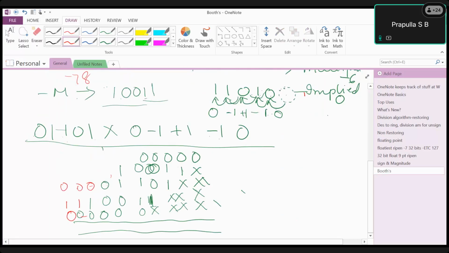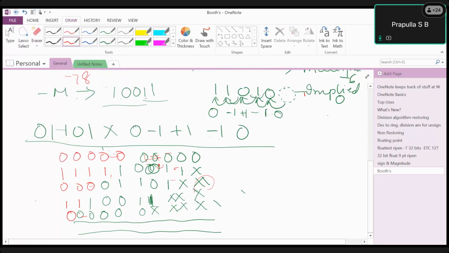This is called sign extension. The sign of your partial product is seen from your MSB bit. Here I'll add 5 zeros.